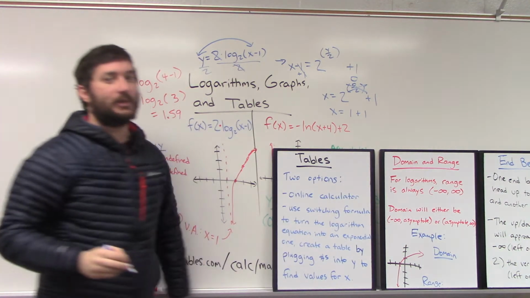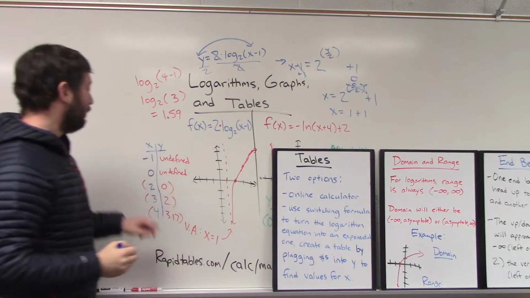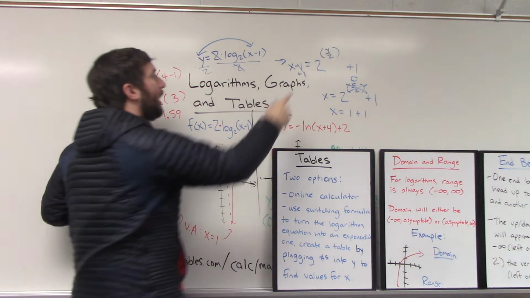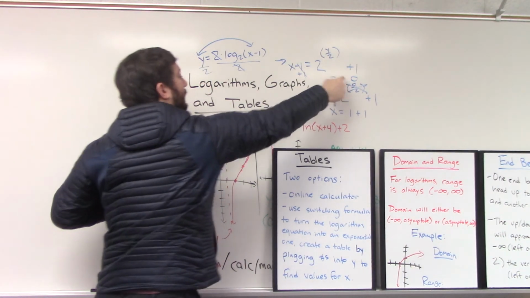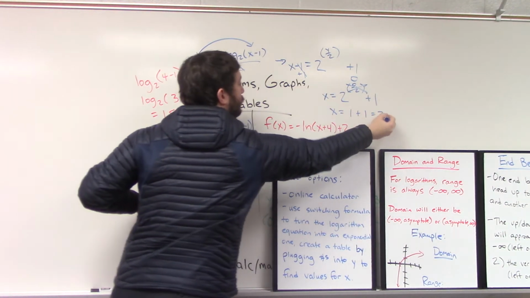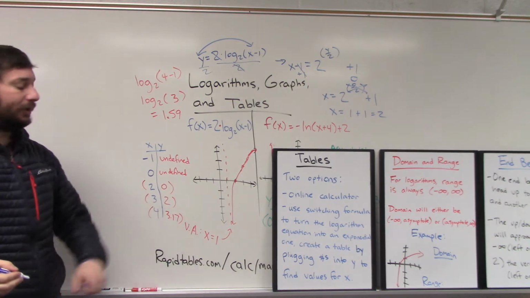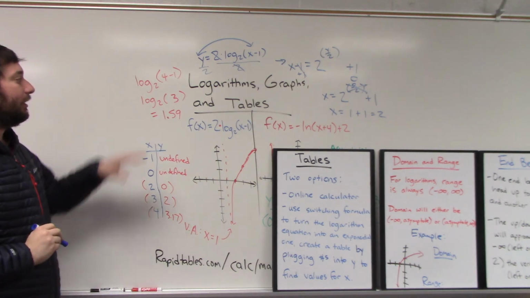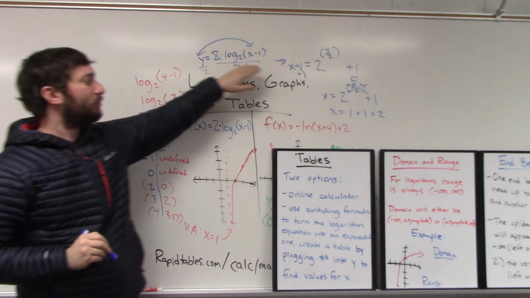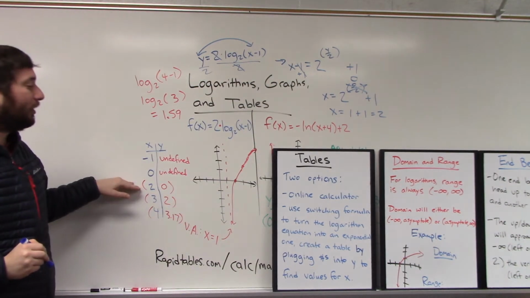Anything to the power of 0 is 1, and 1 plus 1 equals 2. When y equals 0, x will equal 2. 2 comma 0, both methods, calculator method or your switching method, get you the same coordinate point.